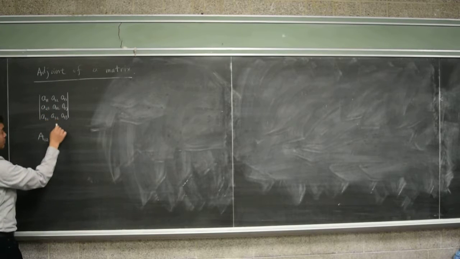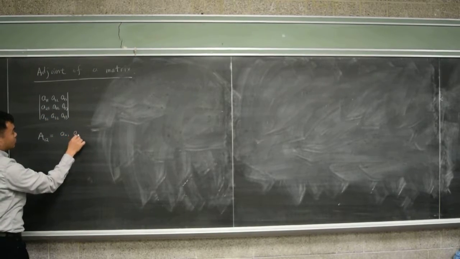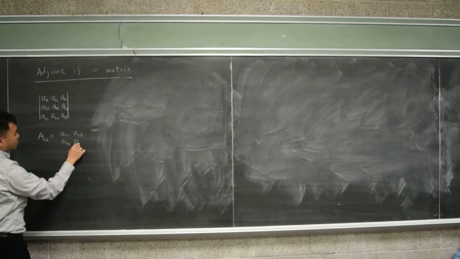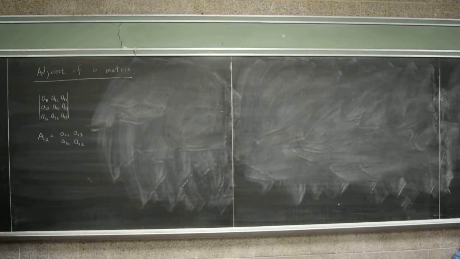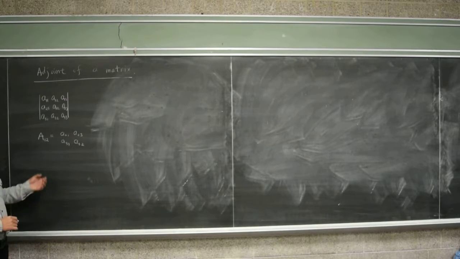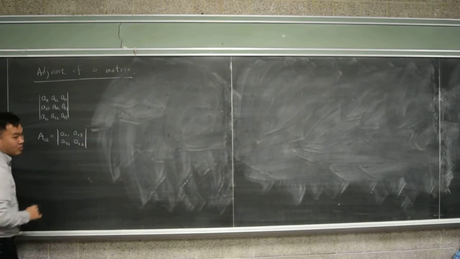So what's left are A2,1, A2,3, A3,1, A3,3. Last time I introduced this as a matrix, and I treated this as a matrix before taking the determinant. But for today's discussion, I'll just say this is the determinant of this minor matrix.